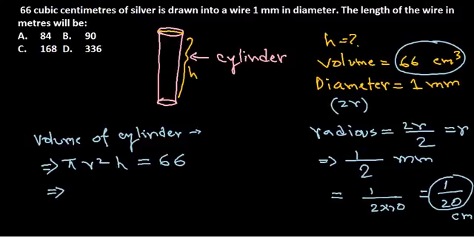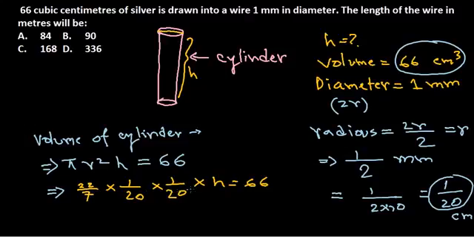The value of pi, we all know, is 22 by 7, and r is 1 by 20, so let's put 1 by 20 and 1 by 20, because square means r into r. So 22 by 7 into 1 by 20 into 1 by 20 into h equals 66.